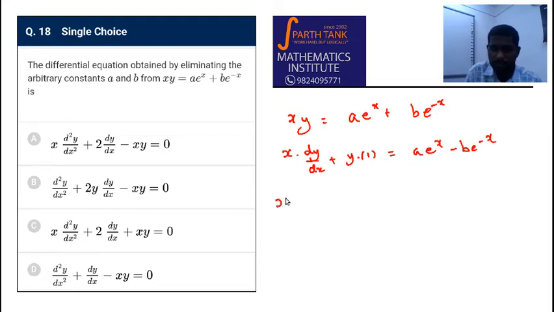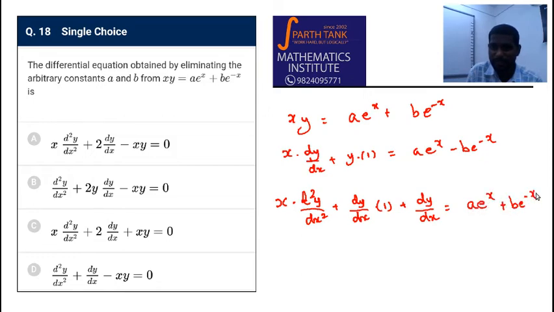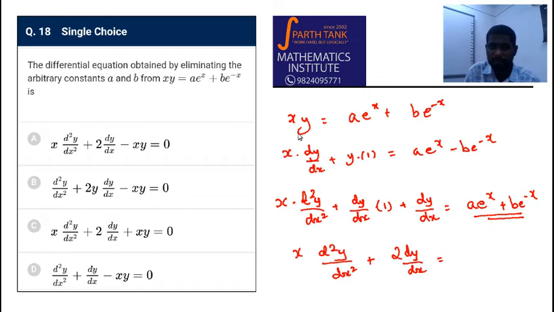Differentiate again, keep x constant, it becomes d square y by dx squared, and you keep dy by dx constant multiplied by 1, plus y into dy by dx is a e power x plus b e power minus x. So this becomes x into d squared y by dx squared plus 2 dy by dx is, if you see that a e power x plus b e power minus x is xy.